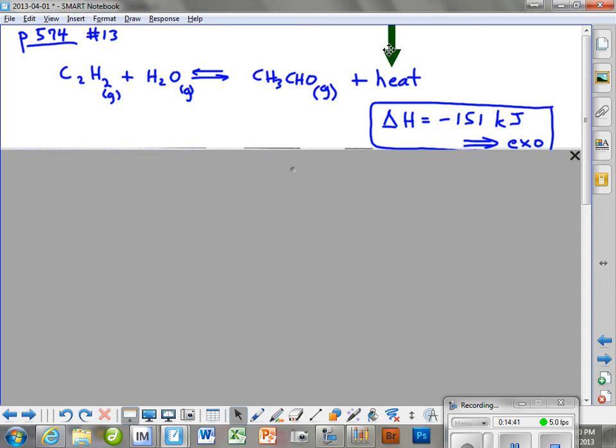All exothermic reactions have heat that acts kind of like a product in these Le Chatelier problems, but we'd write it as heat, and it isn't in the balanced equation. We don't balance the equation with heat, but heat is treated as a product for this particular equation because it's exothermic. And we know it's exothermic again because delta H is negative.